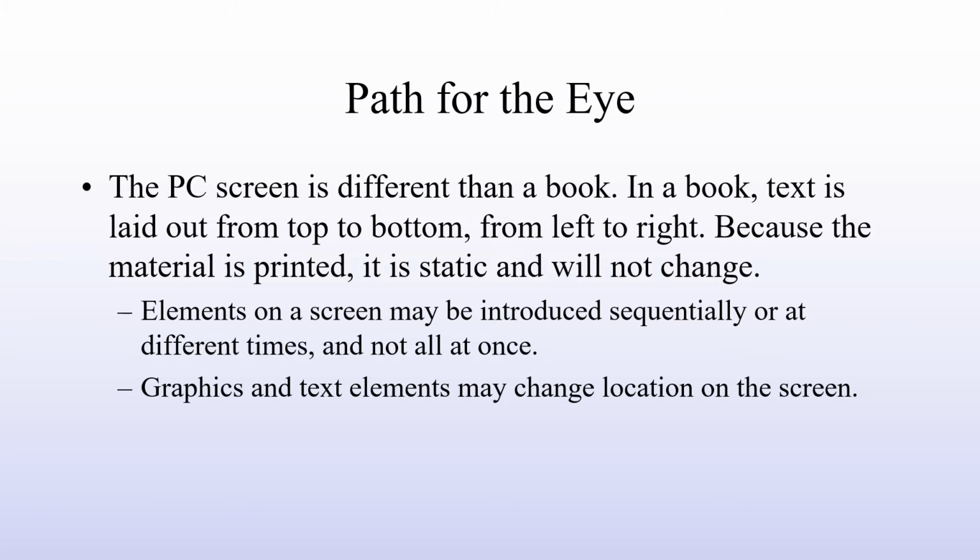Also, different elements on the screen may be introduced sequentially or at different times. And it doesn't all have to be at one time, and it does not have to be static. In this course, we're going to look at some techniques to apply these different ways of introducing text and see what the benefits are and how it can help the learner in the process of using our applications.